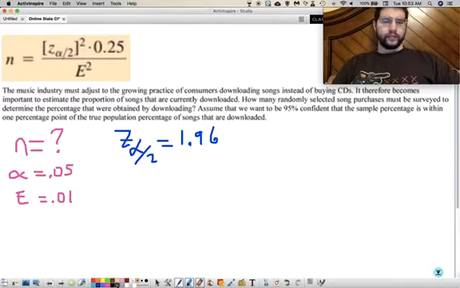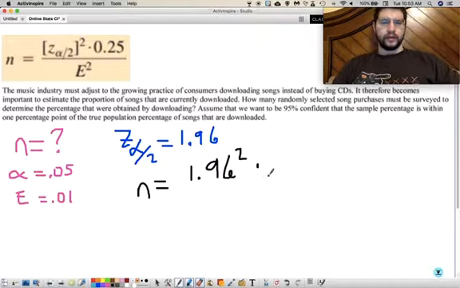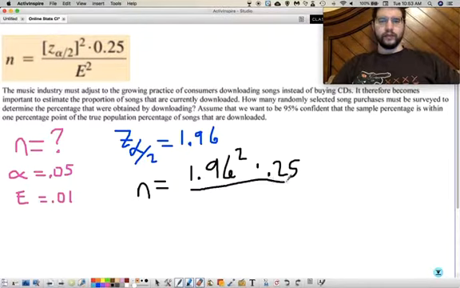So we take n equal 1.96 squared times 0.25 over 0.01. And don't forget to square it.